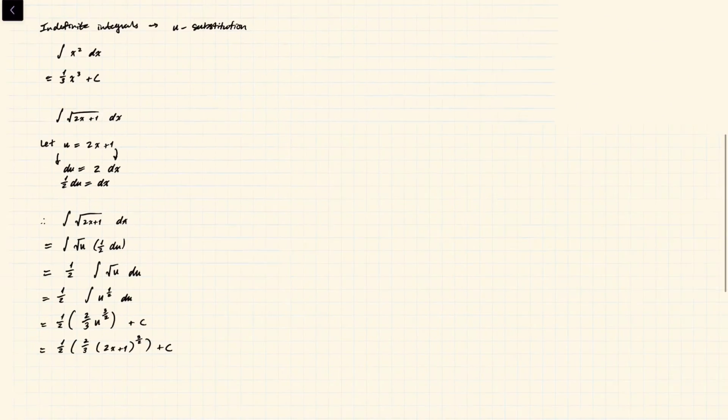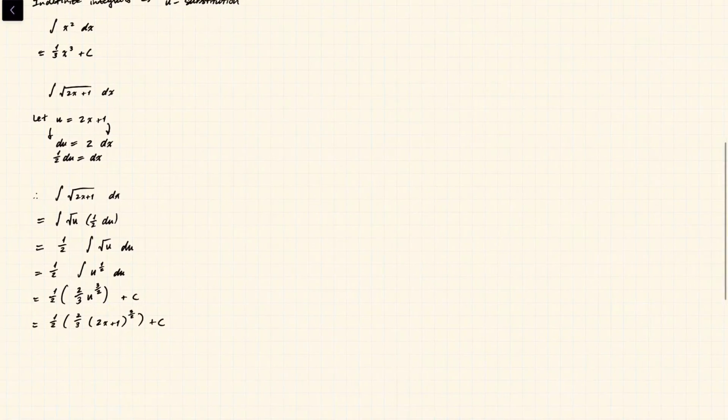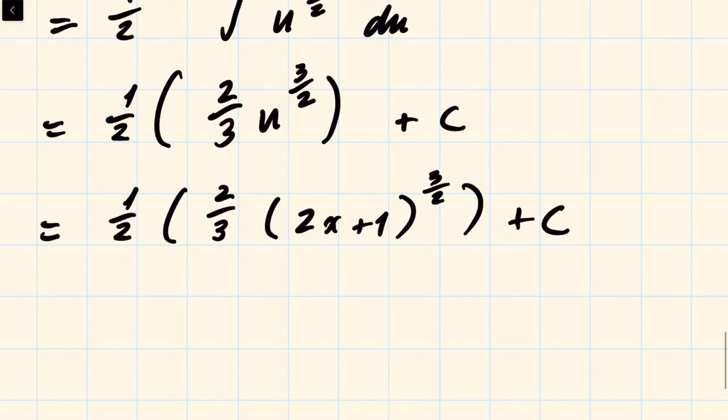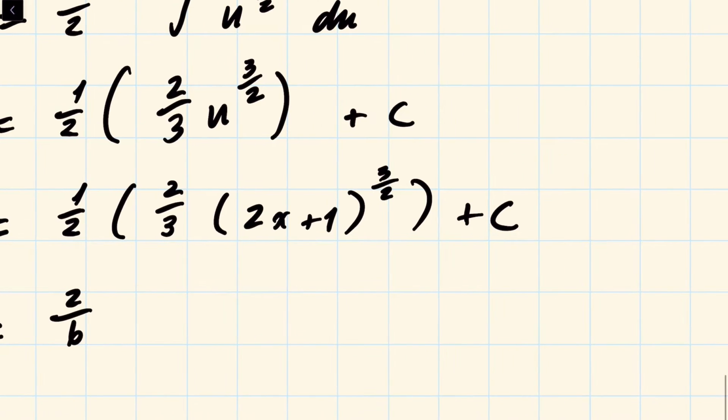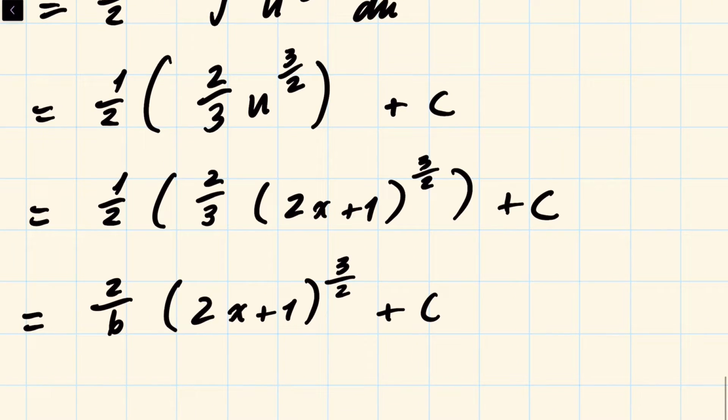We've got to remember our constant of integration here. And so it's going to become 2/6 of 2x plus 1 to the 3 over 2 plus c. And so that is 1/3 of 2x plus 1 to the 3 over 2 plus c.